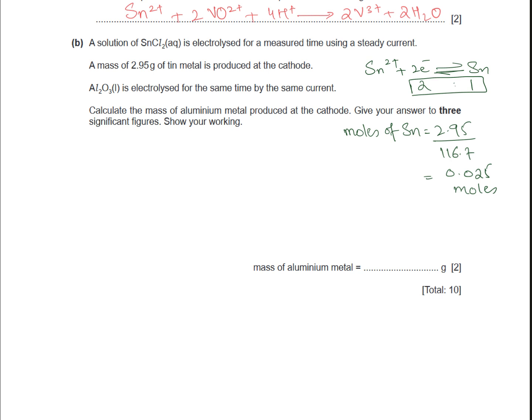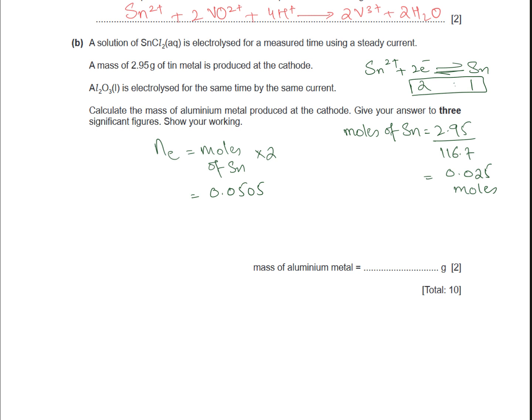Now I have to find the number of moles of electrons, and we have 2:1. That means the number of moles of tin is going to be multiplied with 2 to give us the number of electrons here, because I've written the mole ratio above, and this is going to give me 0.0505 moles of electrons. Okay.